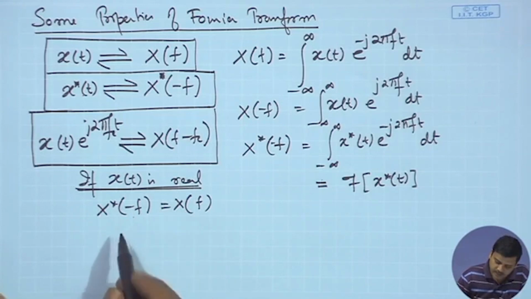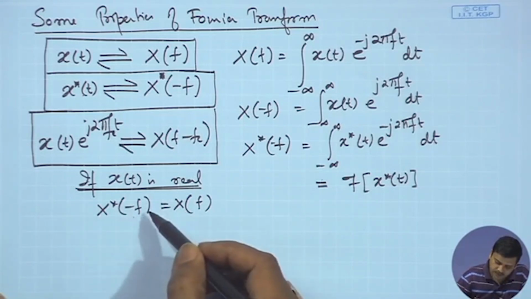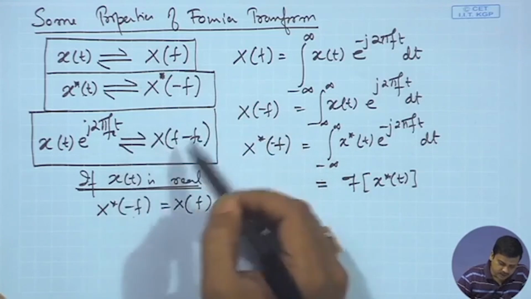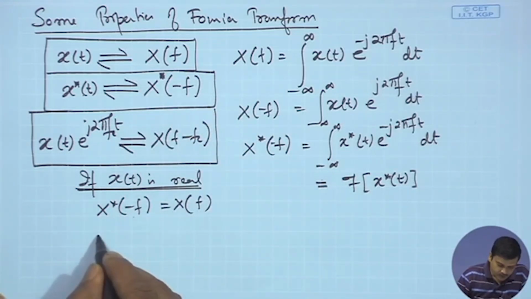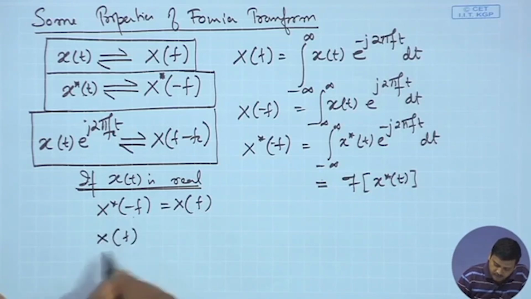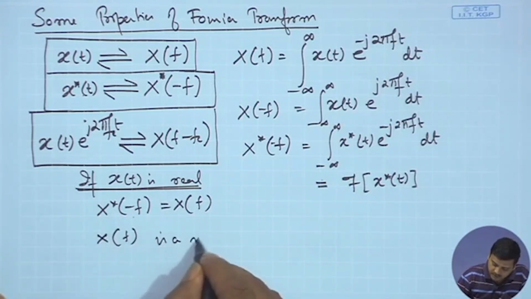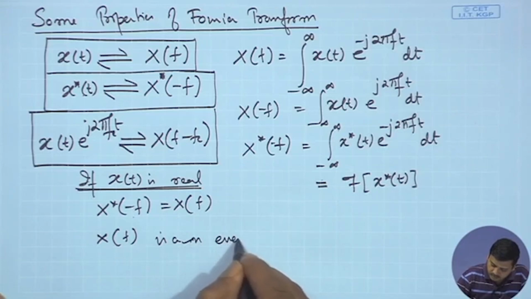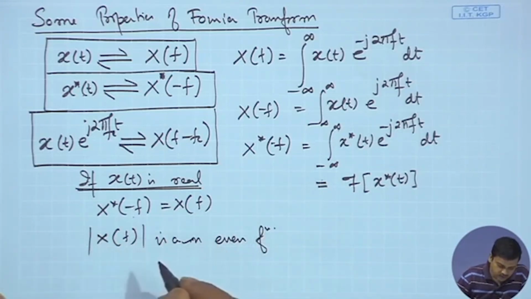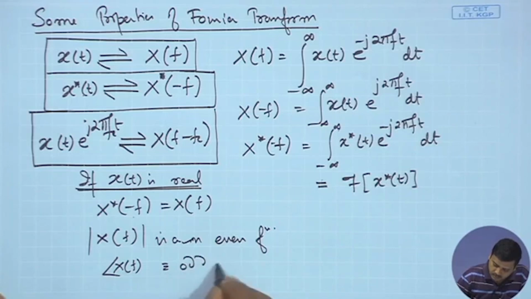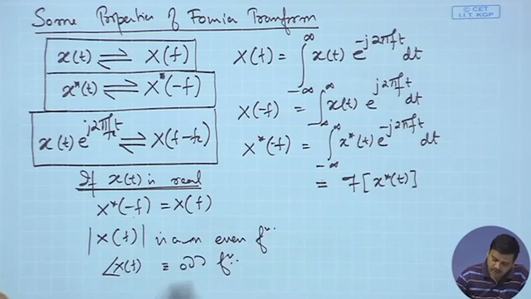And using this relationship along with these earlier relationships, we can say that the absolute value of X of f is an even function, and the angle of X of f is an odd function. So, these are the two important things that we can use.